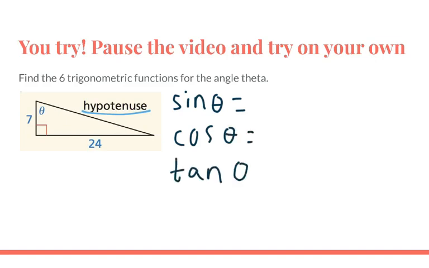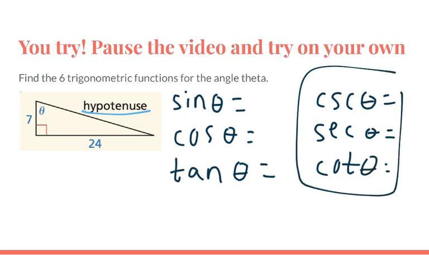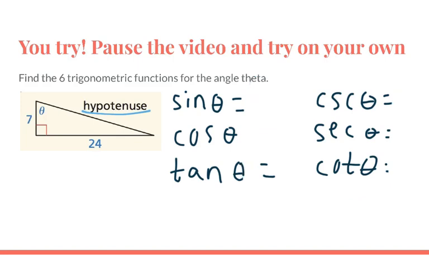I'd probably write SOHCAHTOA out at the top of your screen. And then fill it in CSC, CSC. And all you have to do to get the other 3 over here is just flip the ones that you have here. Okay, so at this moment I would pause your screen, do the Pythagorean theorem to find the hypotenuse, and then fill in these 6 trig values.